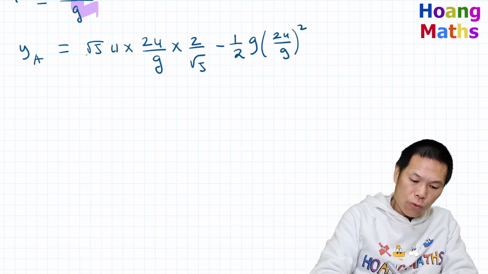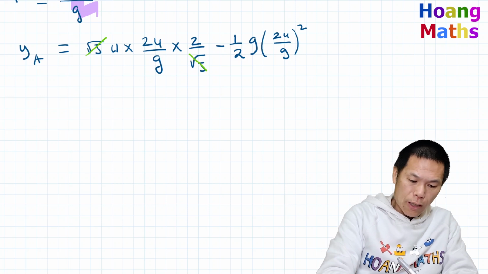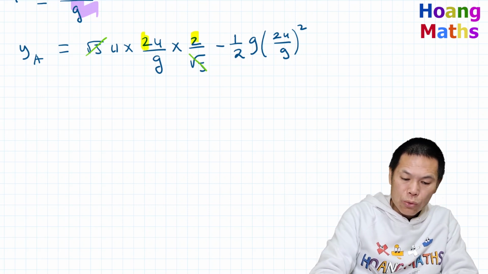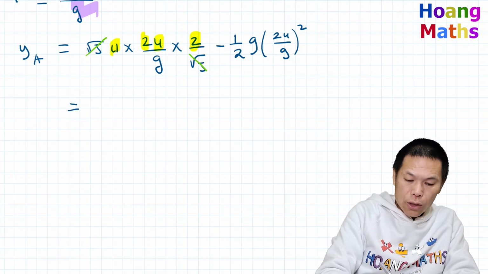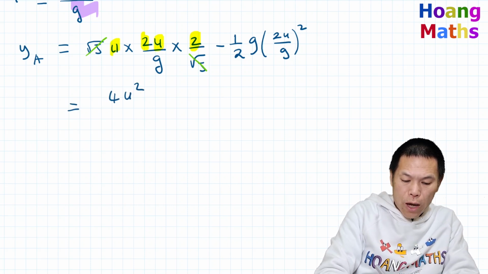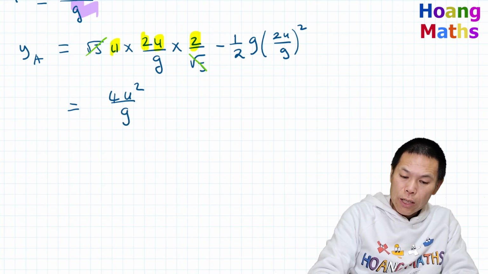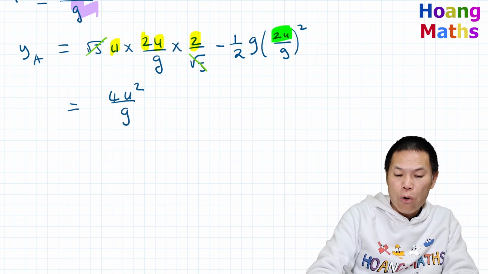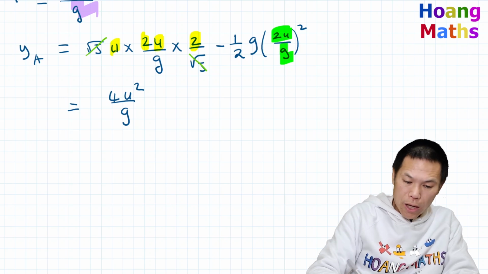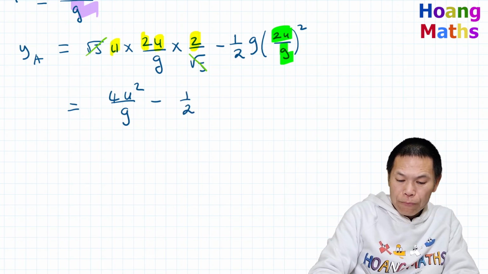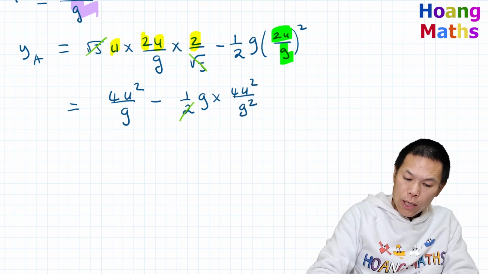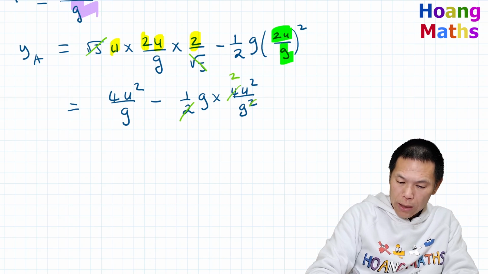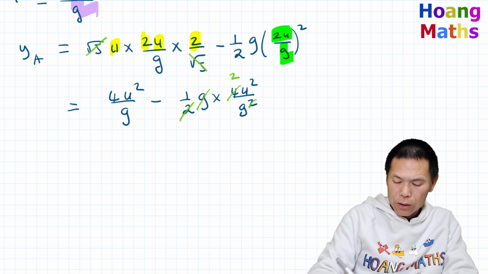We can see the square root 5 cancels. Then we have 2 times 2 is 4, and u times u is u squared, so that is 4u squared over g. And 2u over g squared gives 4u squared over g squared. So minus a half g times 4u squared over g squared. The half and 4 give 2, and one g cancels, leaving g underneath.